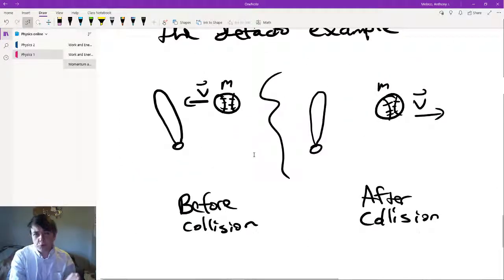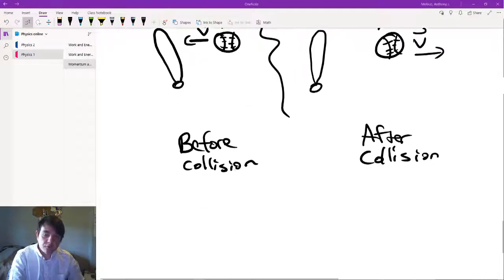If you were to look at this during that, it would be very, very challenging. And so what we do is we just look at the momentum before and the momentum afterwards, okay? And then we can figure stuff out from there. It's kind of like when you're dividing by 0. You examine the graph around it rather than what's occurring at it, which is impossible, okay? So that's why this is useful, okay?